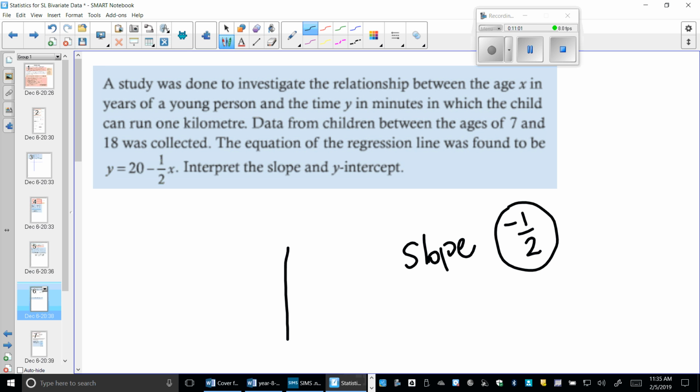Well, let's imagine, what does this graph look like? So let's have a little picture in our heads. It starts at 20, yes? You all happy with that? Yeah. And it's got a gradient of -1/2. So we know it's going downhill. What's this axis talking about?